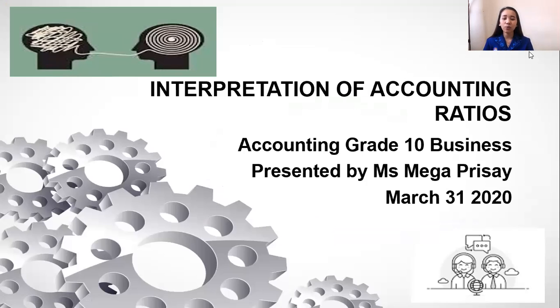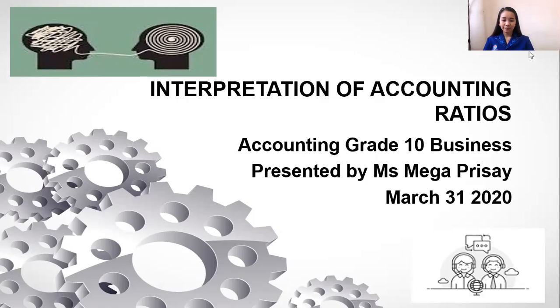But today, we will learn how to interpret, how to give recommendations and suggestions, and how to make decisions from what we already have. So that's what we will do for today.